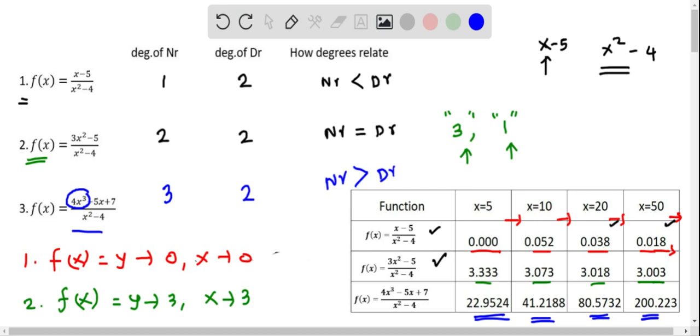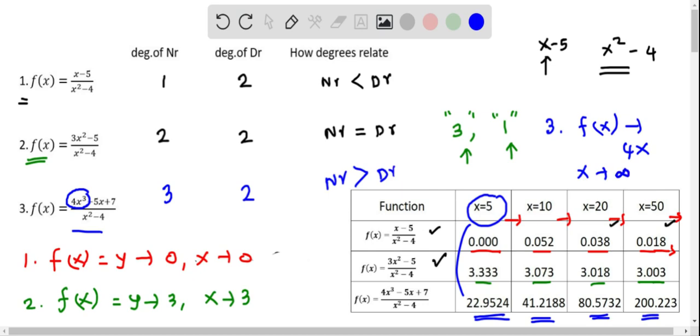Initially it is 22, then 41, 80, and 200. We can find a relation: when x equals 5 it is 22, and when x equals 10 it is 41, so it's approximately 4 times x. 20 times 4 is 80, 50 times 4 is 200. So for the third function, f of x approaches 4 times x as x becomes larger and larger.